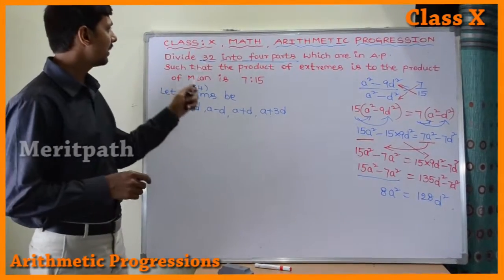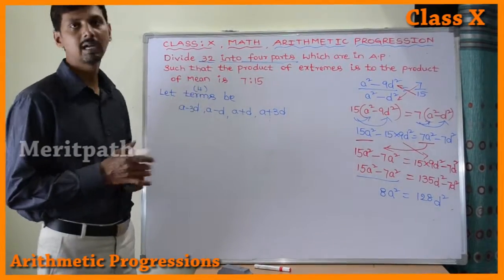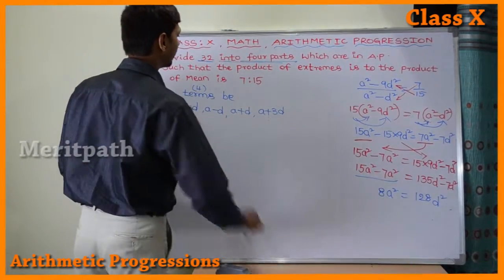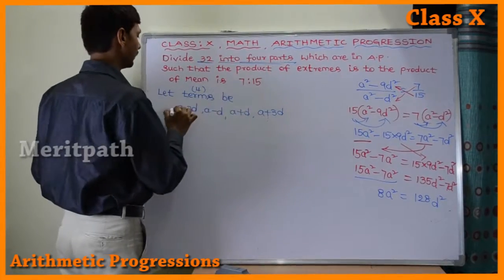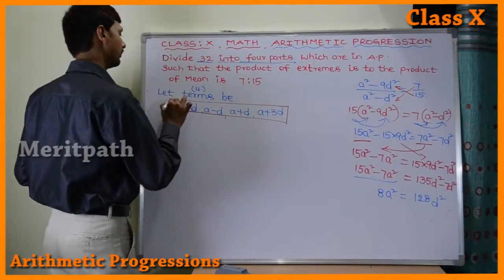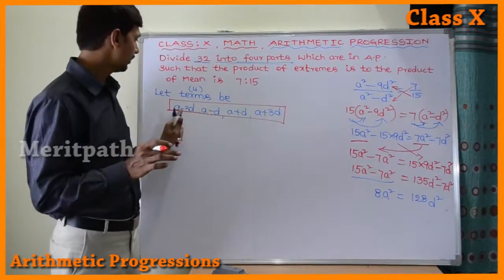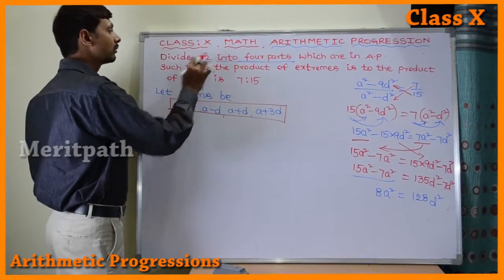So we added the 4 terms, which will be equal to 32, because it is given that divide 32 into 4 parts.